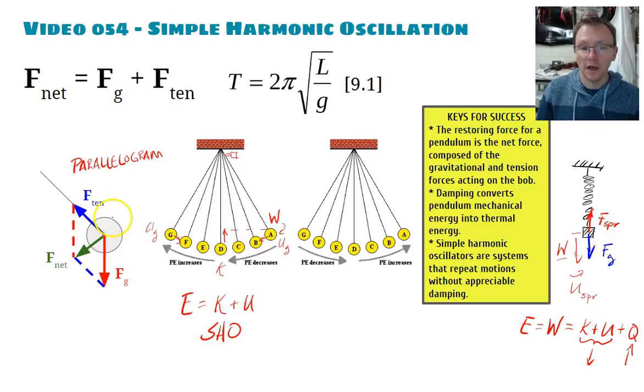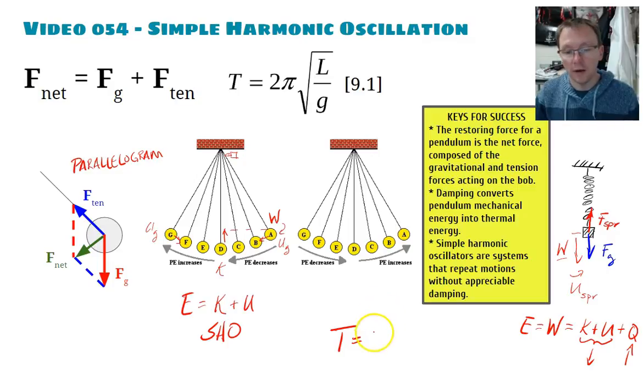One last thing, you might remember that for a spring over here, the formula to figure out the period of the spring, and that is the amount of time that it takes to oscillate through one full complete oscillation, was this formula: 2 pi times the square root of m over k.